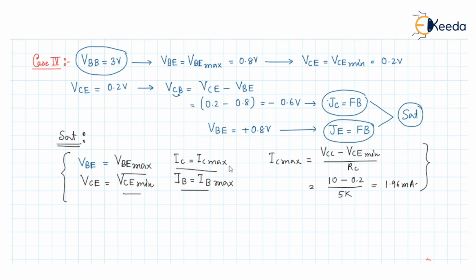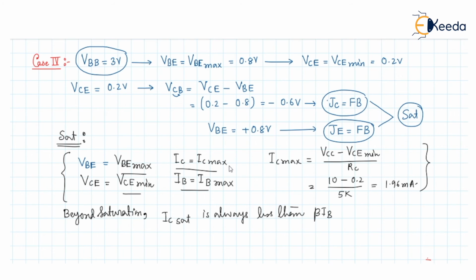Beyond saturation, that means if we increase VBB further, the IC current, that is the IC current at saturation, is always less than beta IB.